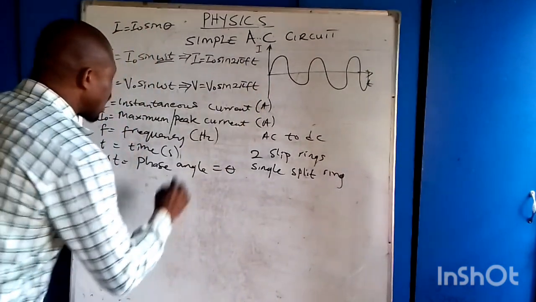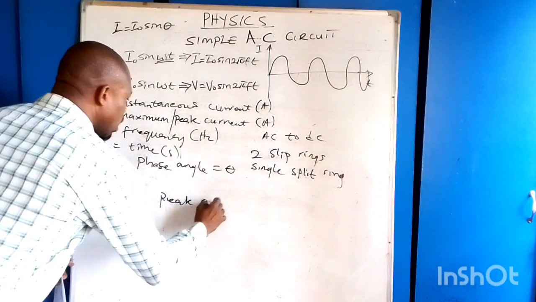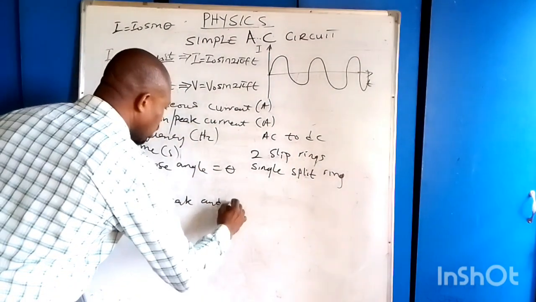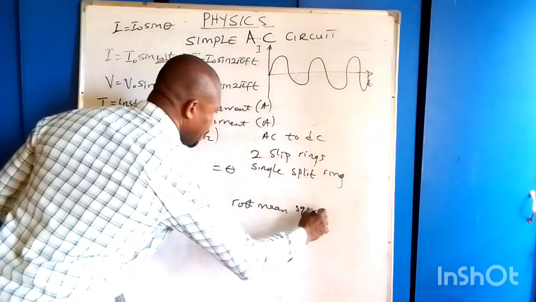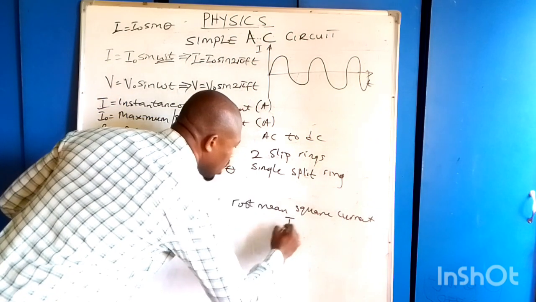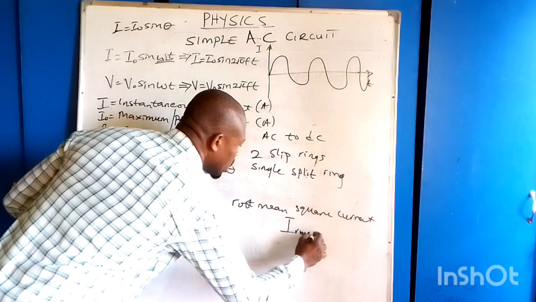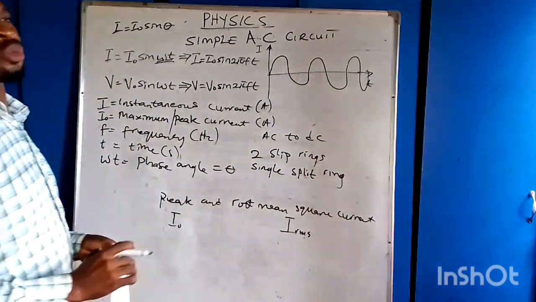I want us to look at peak and root mean square current, popularly known as IRMS current. Now this peak is I naught.